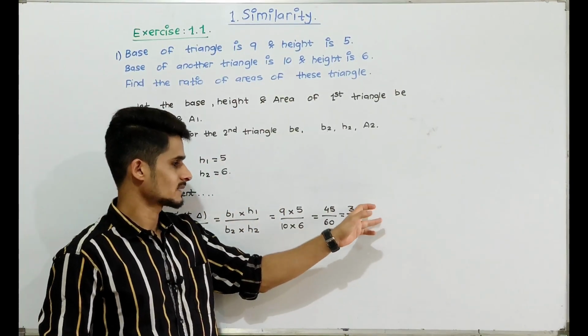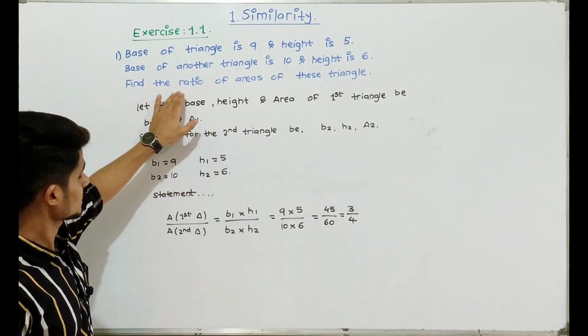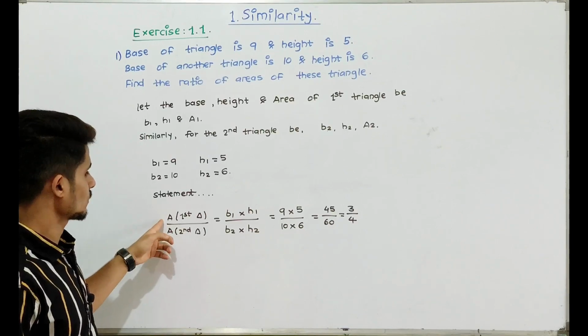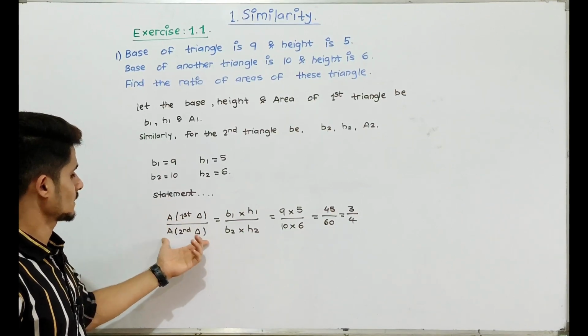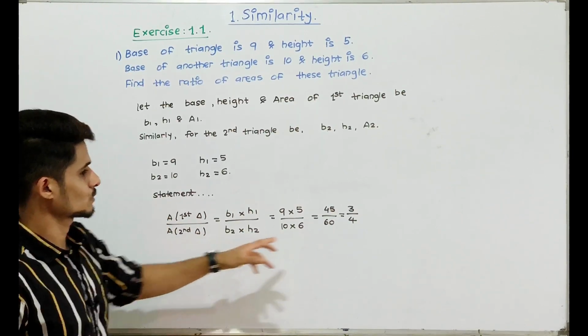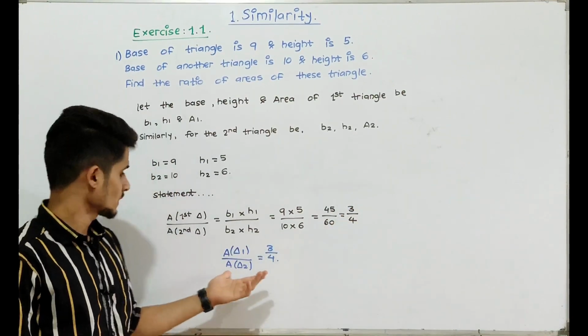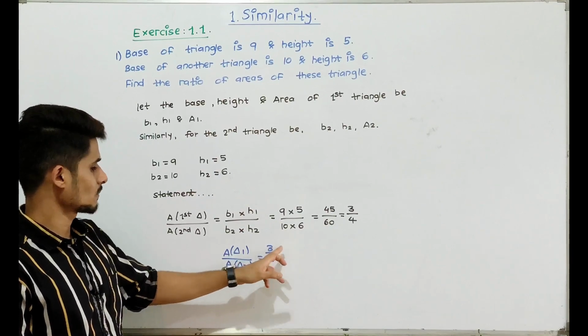So the final answer is 3 by 4. That is the ratio of the area of the first triangle and the area of the second triangle, the ratio is 3:4. So the ratio of the areas of the two triangles is 3 by 4.